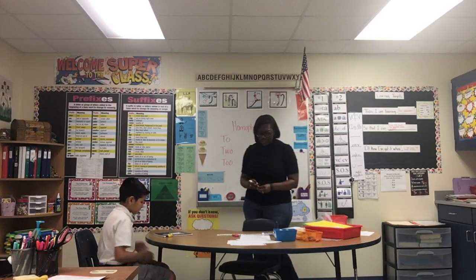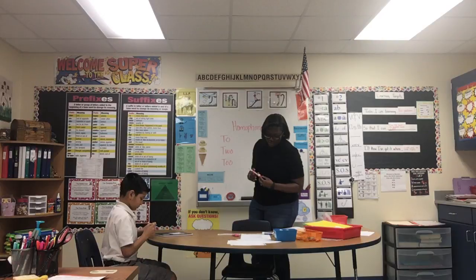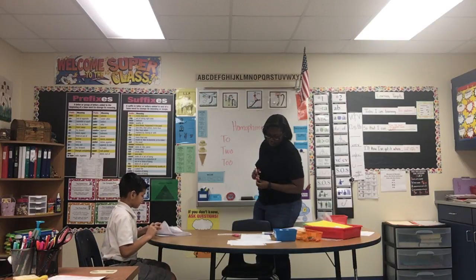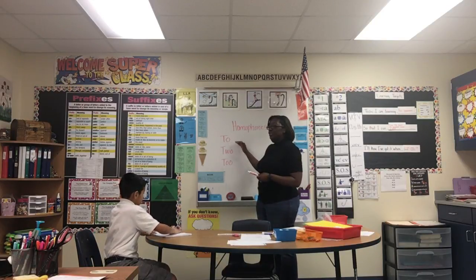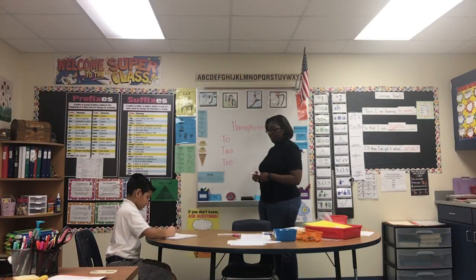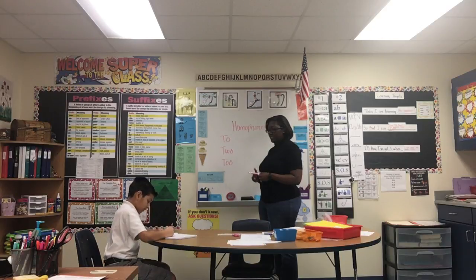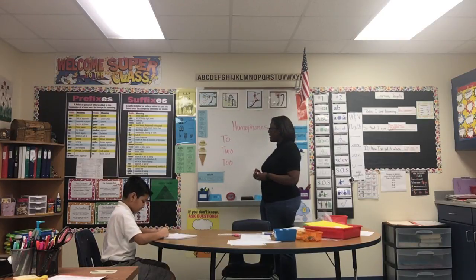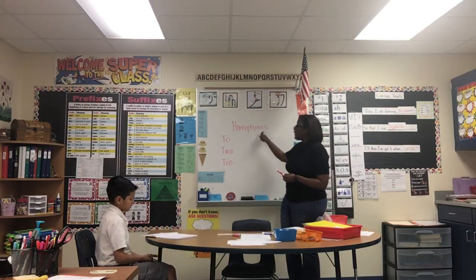So if you could open up your journal to your next page. All right. At the top, I want you to put T-O. Skip a line. Put T-W-O. And skip a line and put T-O-O. Okay. And your title can be homophones.